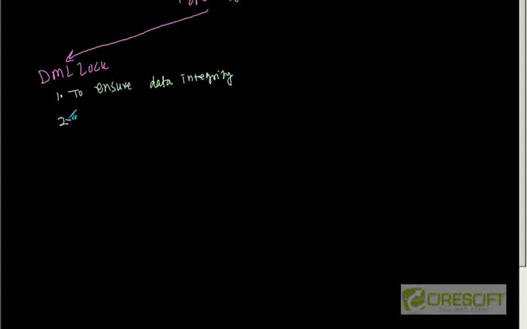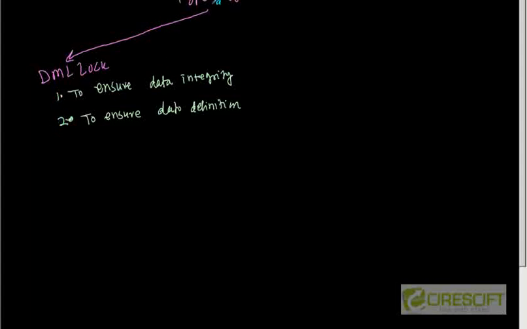The second purpose is that when one transaction is running a DML statement, another session should not be able to drop that table. That means ensuring the data definition stays intact while a transaction is active on that table or object. So the goal of the DML lock is to take care of these two things.